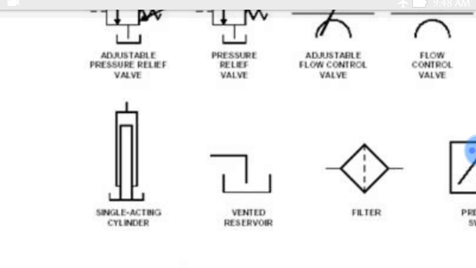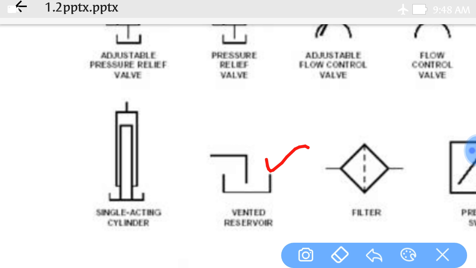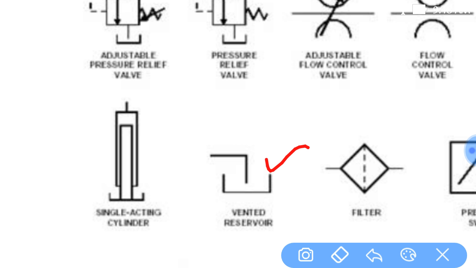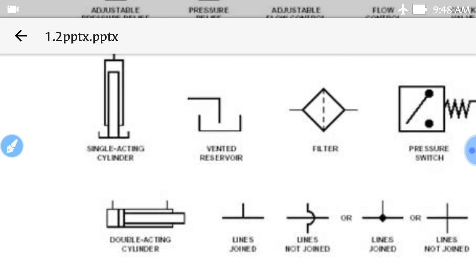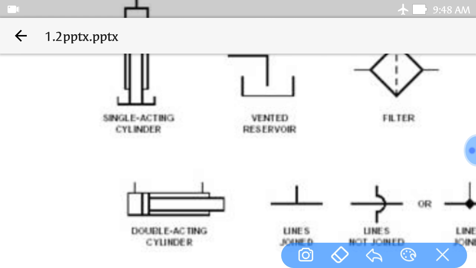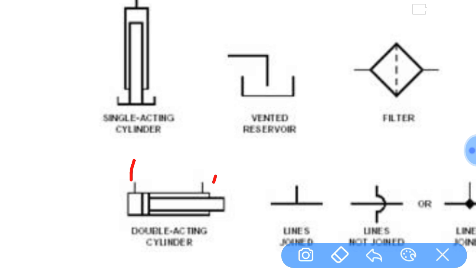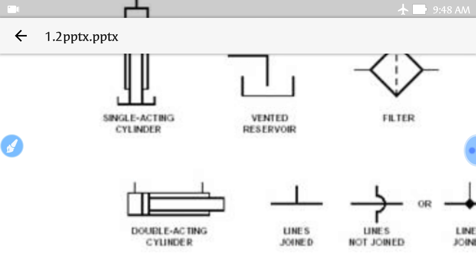And this is a symbol of a reservoir. This one is a single acting cylinder. Single acting cylinder means in the rectangular box there will be one connection. One end connection means single acting cylinder. If the connection is at both ends, the piston end as well as the rod end, then it will be a double acting cylinder.